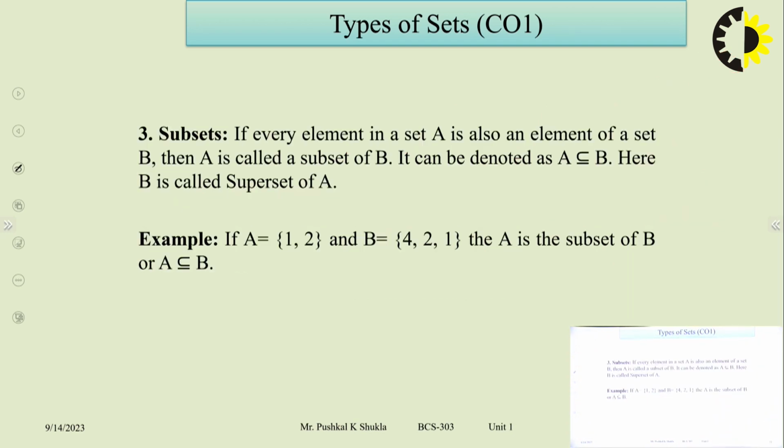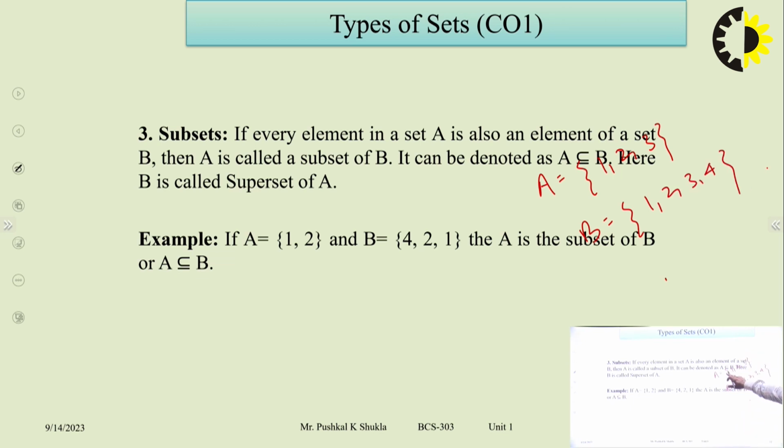Now subsets, it's very important. If A and B are two sets and every element of set A is also an element of set B. For example, A equal to 1, 2, 3 and B equal to 1, 2, 3 and 4.